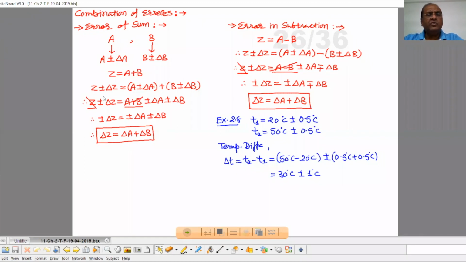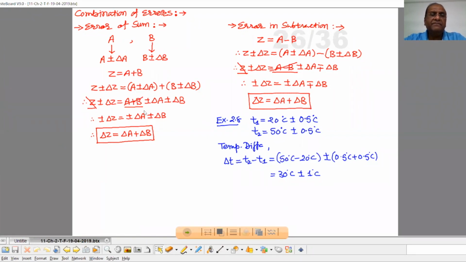But Z equal to A plus B, so from both sides, Z and A plus B will be cancelled. Now we have plus or minus delta Z equal to plus or minus delta A plus or minus delta B. But when we think about the error, we have to take the maximum possible error for accuracy of measurement.